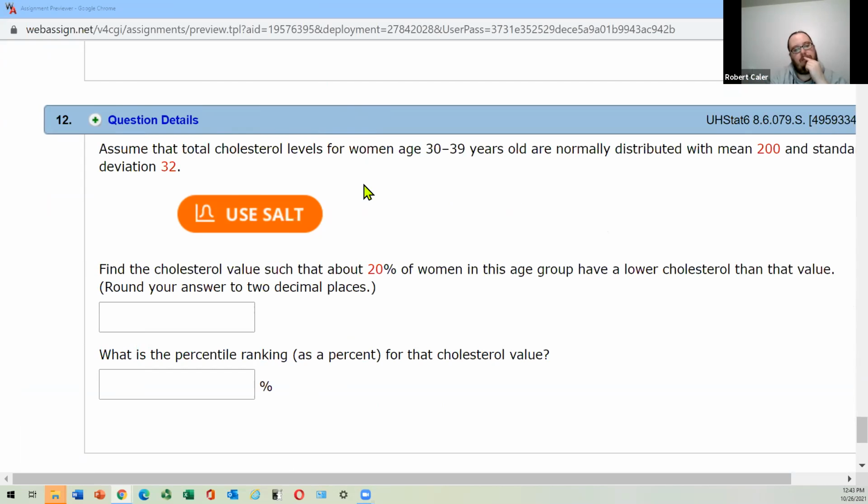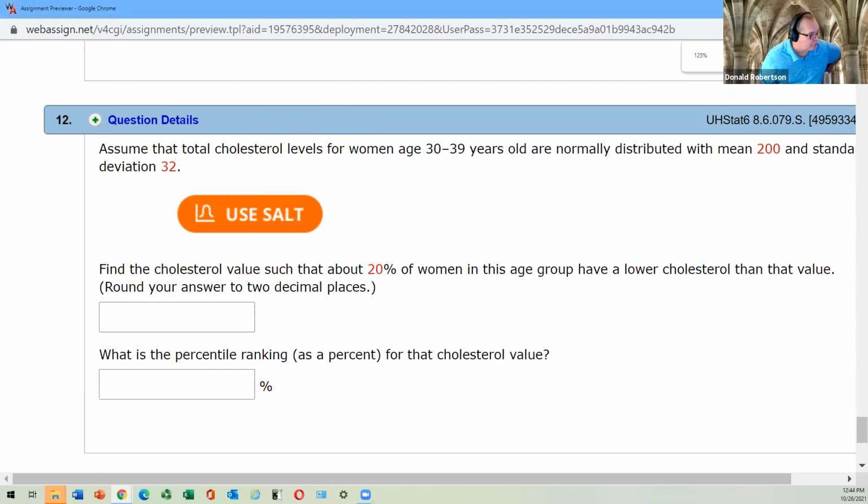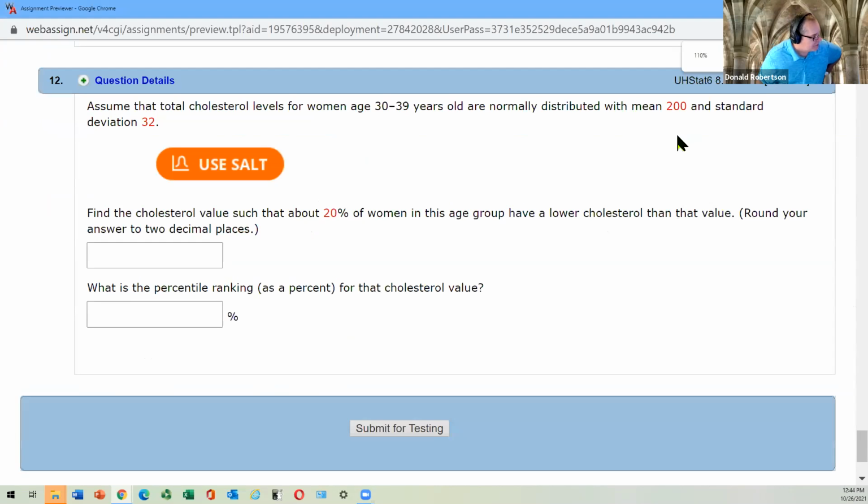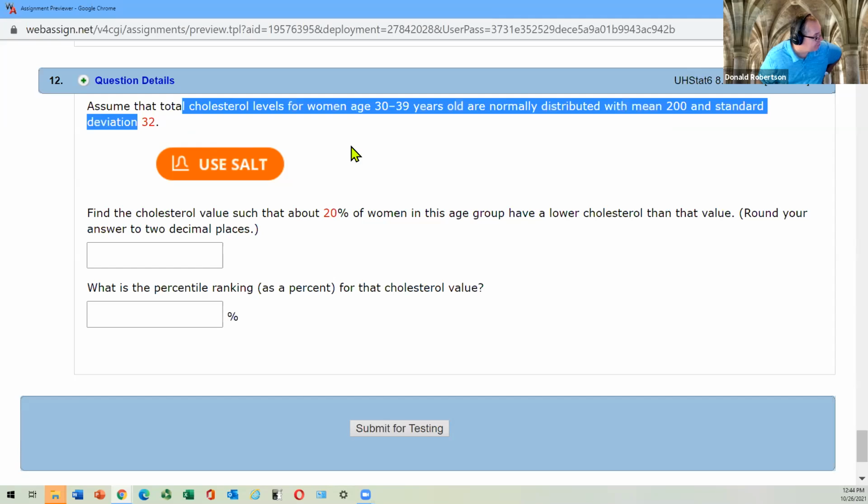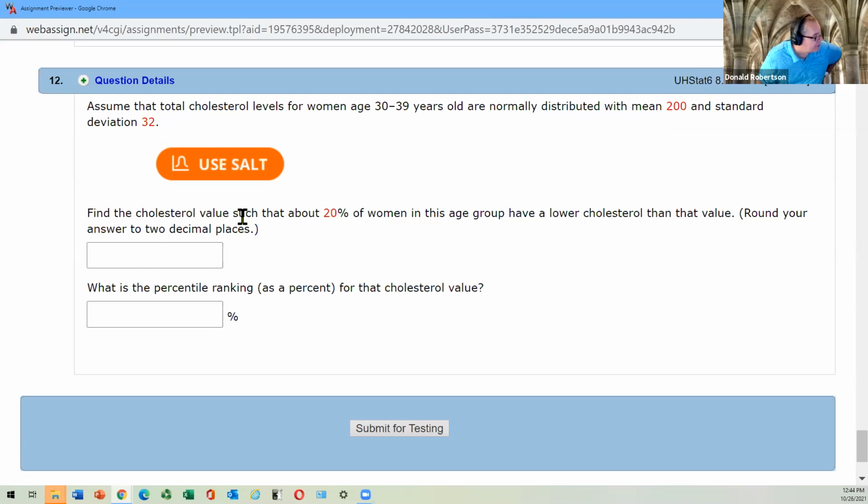Assume that the total cholesterol level of 30 to 39-year-olds has been calculated. It's normally distributed, the mean level is 200, and the standard deviation is 32. Find the cholesterol value such that 20% of the women in this age group have a lower cholesterol value. That is just another way of saying the 20th percentile, right? I'm in the bottom 20%.